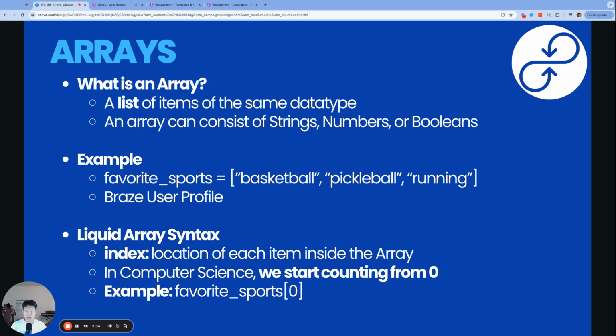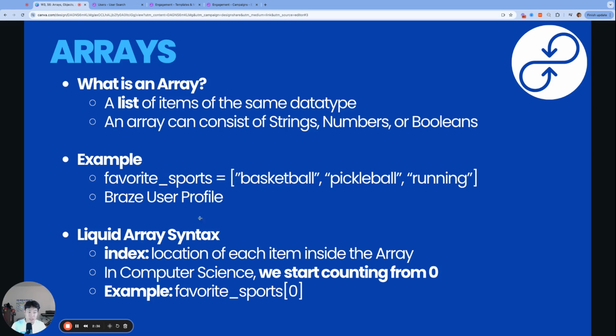Now, let's talk about how to work with arrays using Liquid. Arrays have what's called an index, which is the location of each item inside the array. So the three values that we saw earlier, basketball, pickleball, and running, all have an index which represents their location inside the array favorite sports.